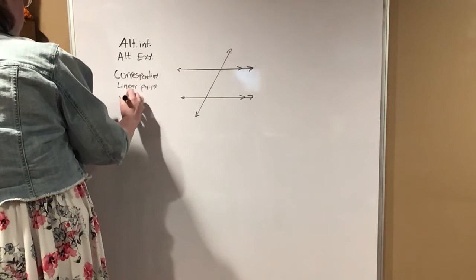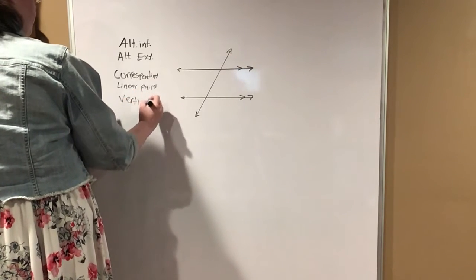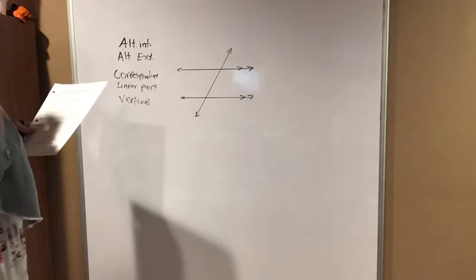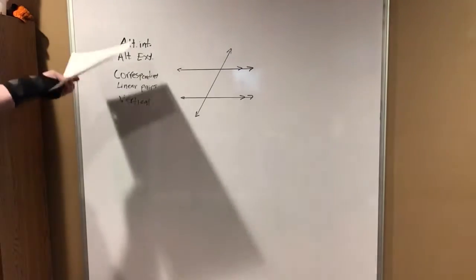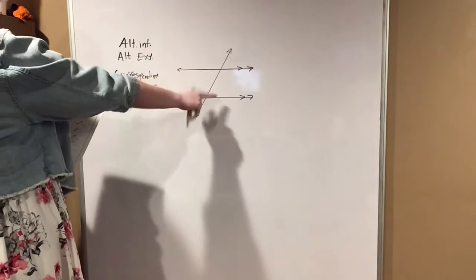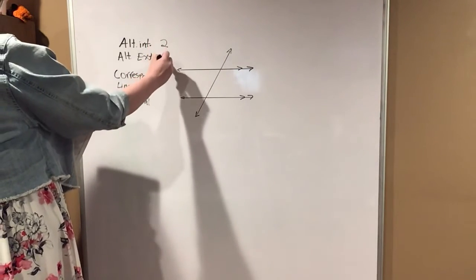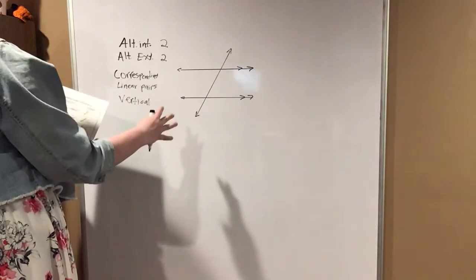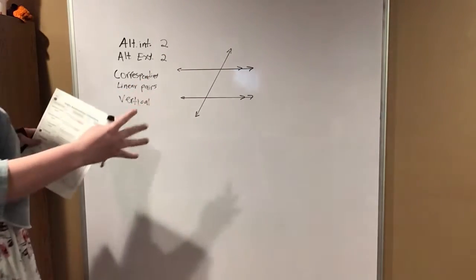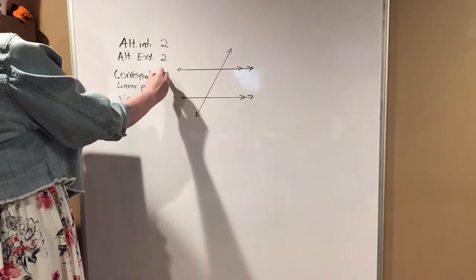And vertical angles. So when you're given this problem, there are two alternate interior and two alternate exterior pairs. With corresponding, linear and vertical, in something like this, there are 4 of each.